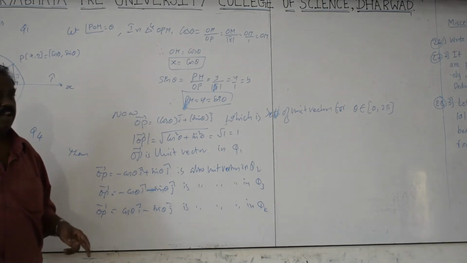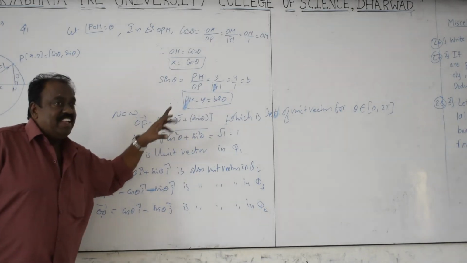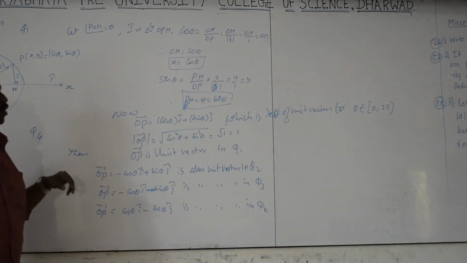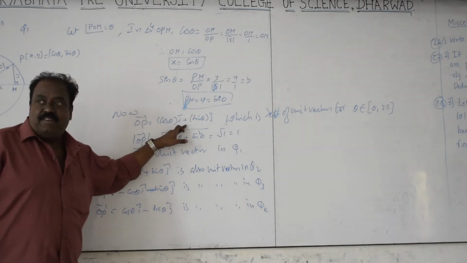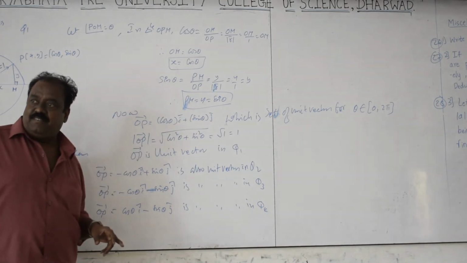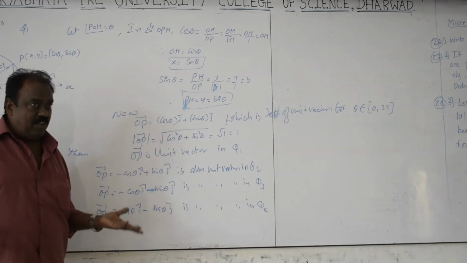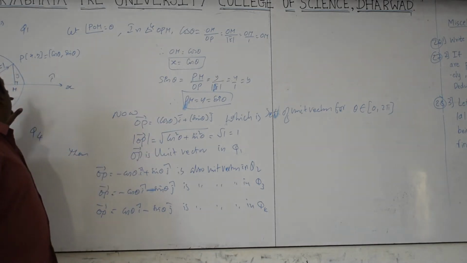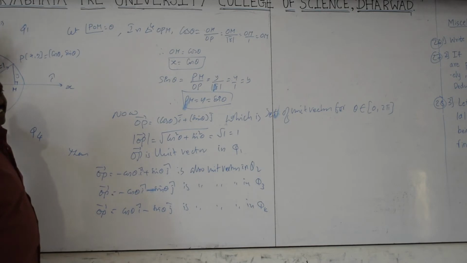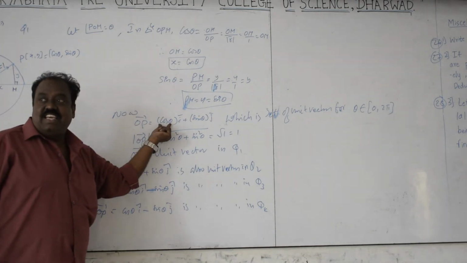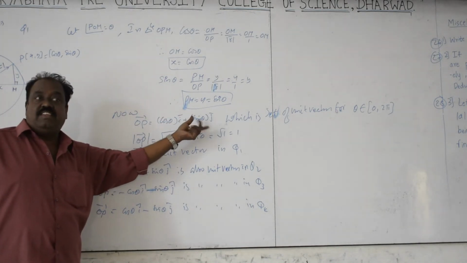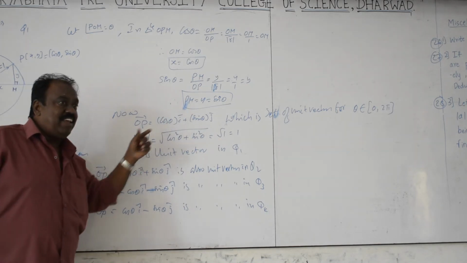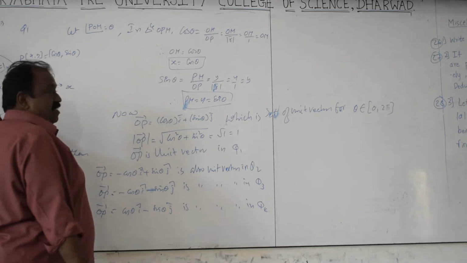Cos 0 is 1, so 1 I plus 0 j, that is I. OP bar is I, that is our x-axis. Suppose cos 90 I cap plus sin 90 j cap, that is 0 plus 1 j, so OP bar is j, on the y-axis. Cos 180 I cap plus sin 180 j cap, sin 180 is 0 and cos 180 is minus 1, so it is minus I, on the negative x-axis.